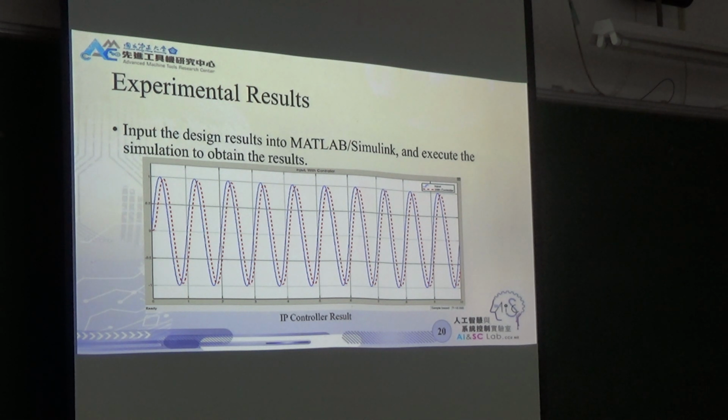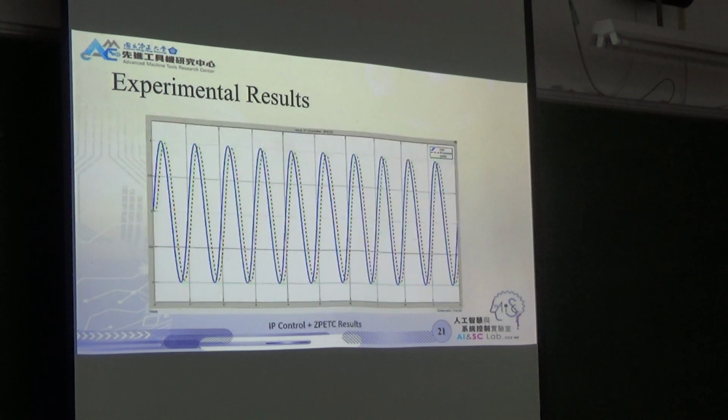So you can see red is a good control, but the phase lag is large. Then we can see the IP controller plus ZPETC result. That is the blue one.